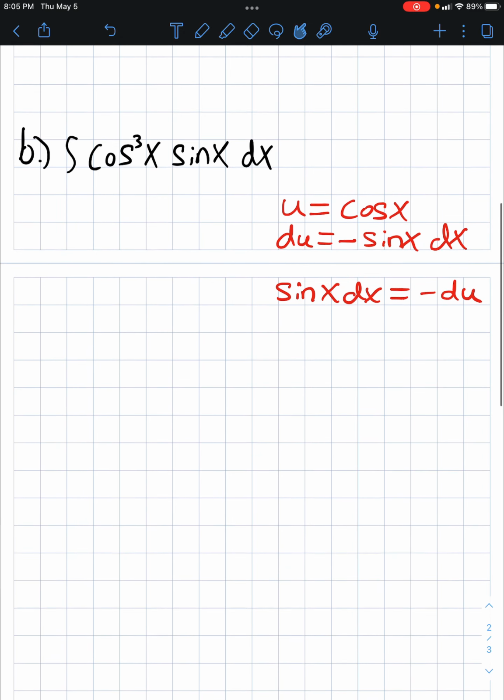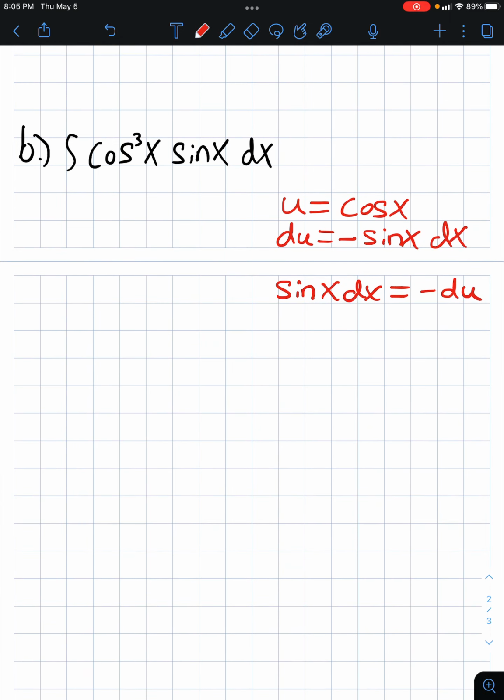If we plug in our u and du into our integral, I'm just going to pull out the negative immediately from our du. So we get negative, and then cosine cubed of x.